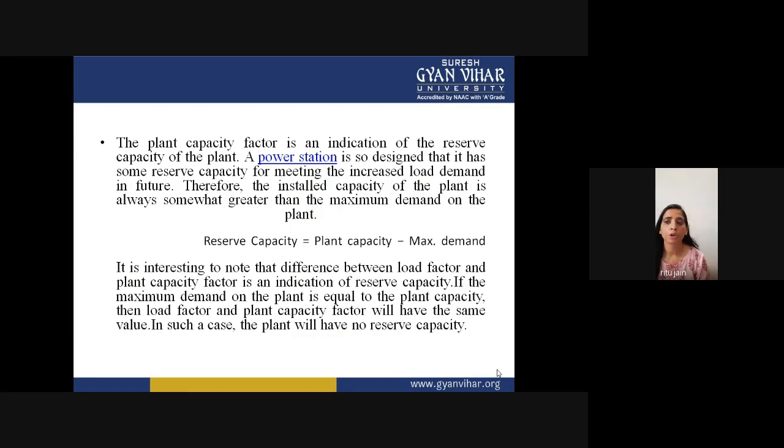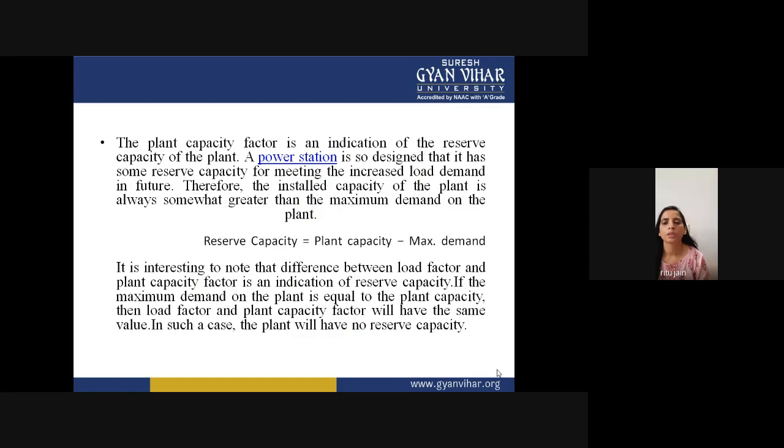Therefore the installed capacity of the plant is always somewhat greater than the maximum demand on the plant. So reserve capacity can be defined as plant capacity minus maximum demand. It is interesting to note that the difference between load factor and plant capacity factor is an indication of reserve capacity. If the maximum demand on the plant is equal to the plant capacity, then load factor and plant capacity factor will have the same value.